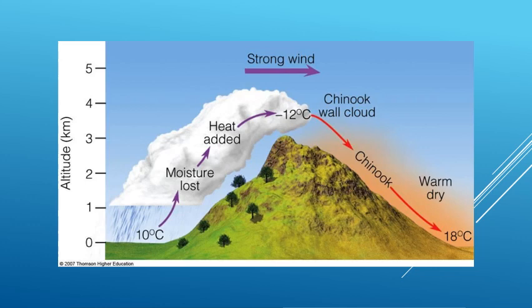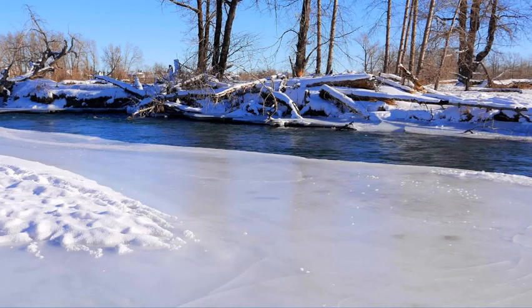It is beneficial to the ranches east of the Rockies as it keeps the grasslands clear of snow. During the springtime, the Chinook wind can cause a sudden rise in temperature by as much as 22 degrees centigrade in just about 3 hours. So, as I told you, it is derived from the Red Indian word which means the snow eater, because it causes melting of the snow.